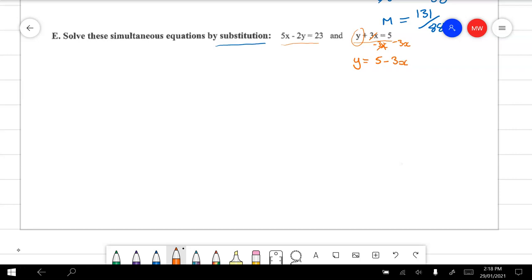Now that I've got two equations that I can work with, I start out by writing them here and I stack them.